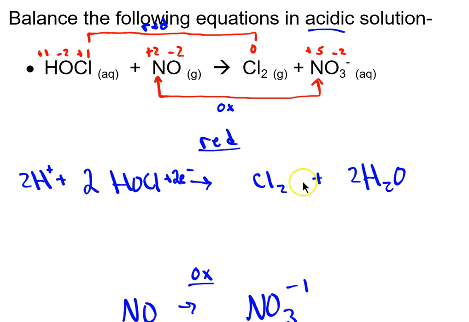The overall charge has to be 0. This was a plus 2. There was 2 pluses. So this side was plus 2. All right. Since I'm reducing it, reduction is the gaining of electrons, which means they need to be on the reactant side. You with me? So if I have a plus 2, that means I need a minus 2, and the way to get that is through 2 electrons.